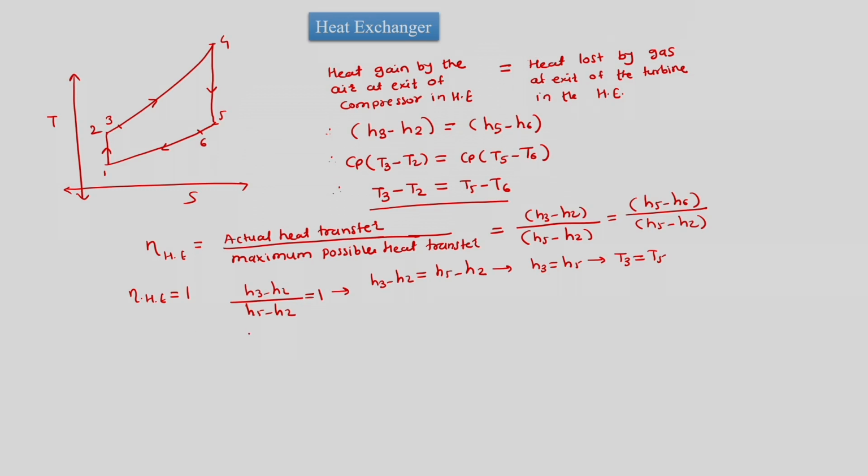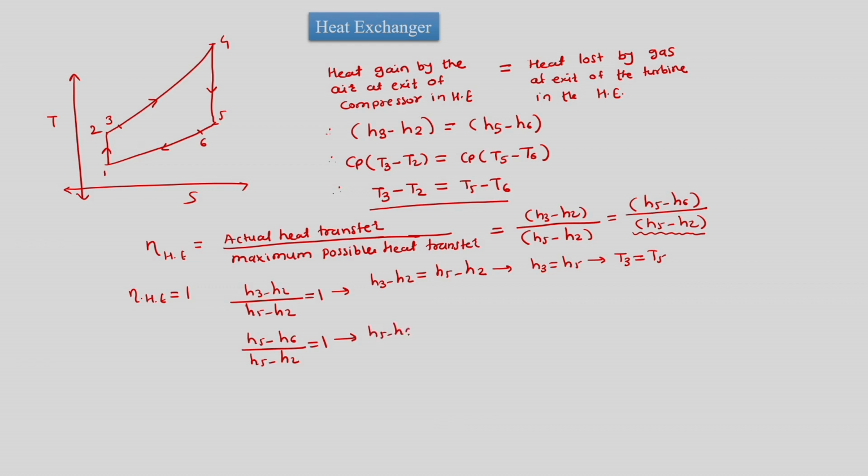And secondly, we can also write H5 minus H6 divided by H5 minus H2 is equal to 1, since this is the second formulation for effectiveness of heat exchanger.